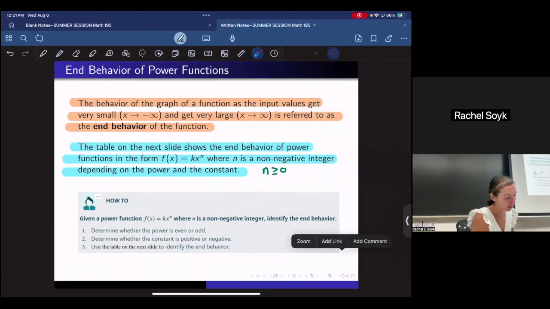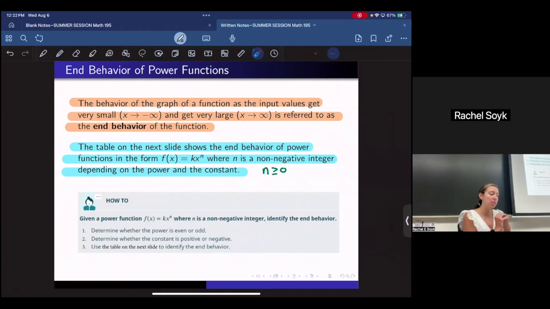So this last part over here is just, when you're given a power function, how do we identify the end behavior? And so I verbally spoke about this during the objectives. But essentially, we want to look at even degree and odd degree polynomials.